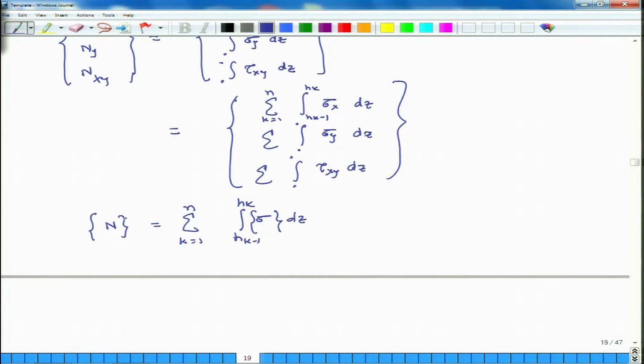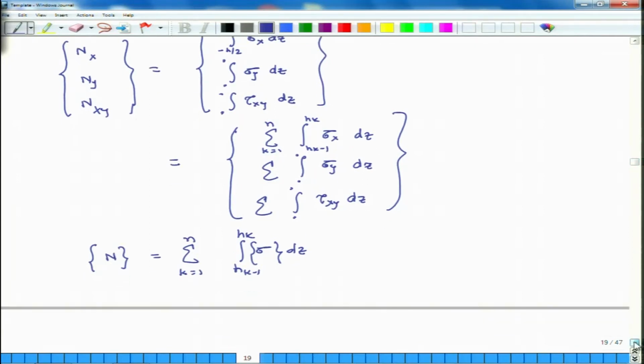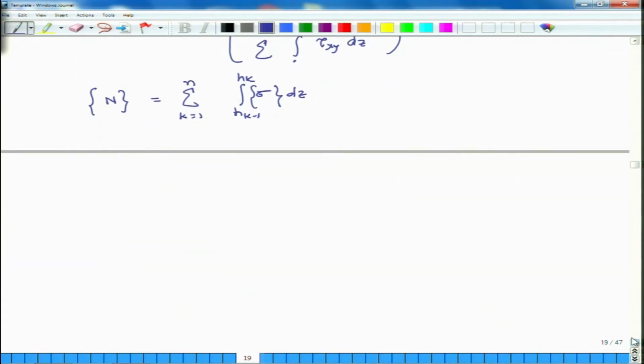So, I have written the same equation, but in a more compact form, that is all I have done. We also know that stress, now this is stress evaluated for the kth layer, where k is changing from 1 to n.